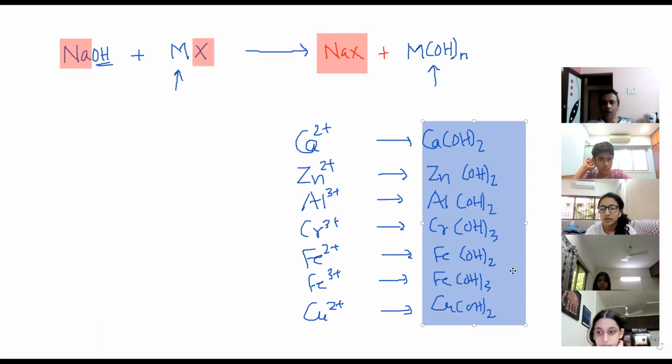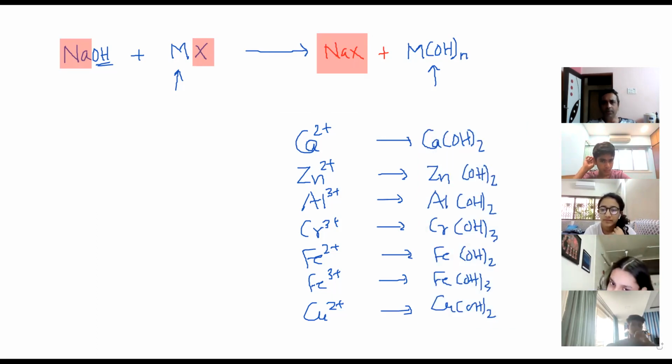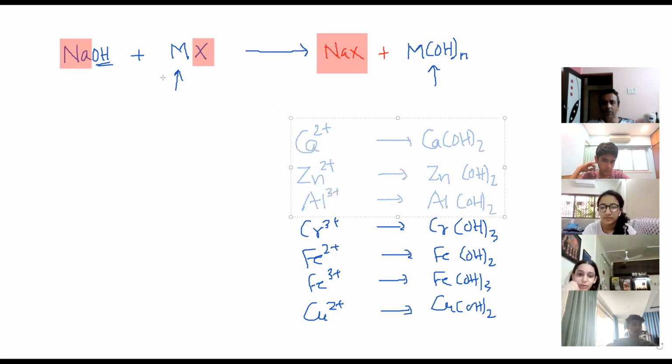They all have twice or thrice. They all form colored. Not all. They all form hydroxide. Of course, they will all form hydroxide. That is something that we already know.